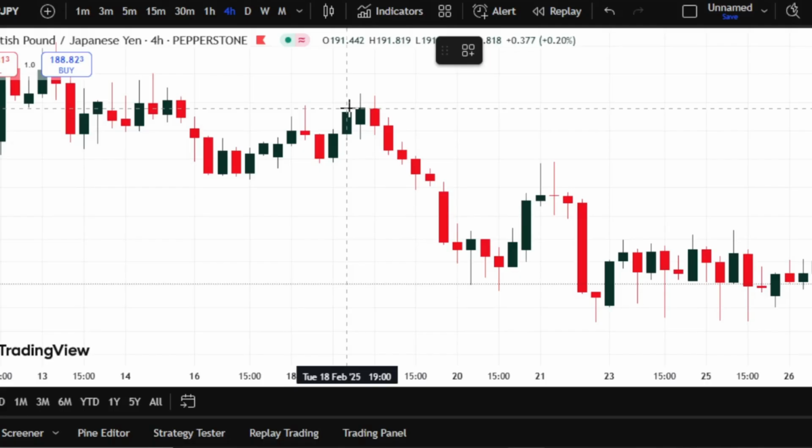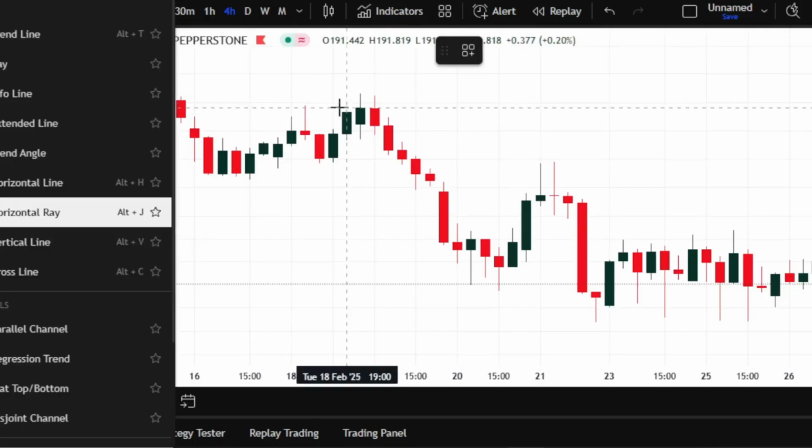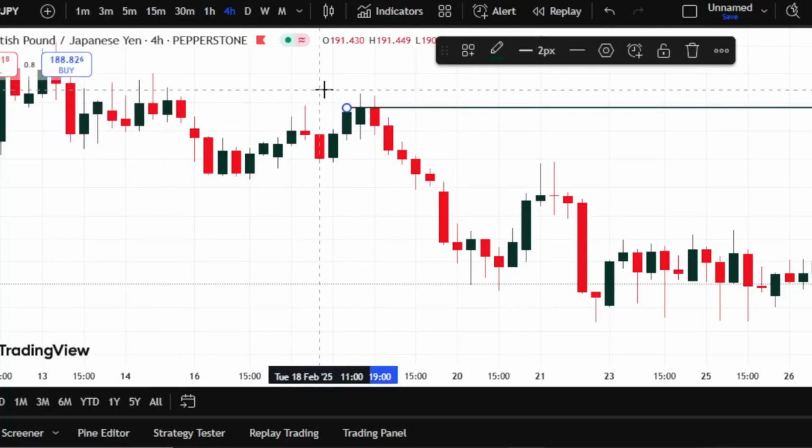So in Malaysian SNR, the wick is not considered, and that is why, if you're having any issues, the first thing you have to do is to switch to line chart, because line chart is going to give you accurate results. So you are going to place your line on the bullish candle.